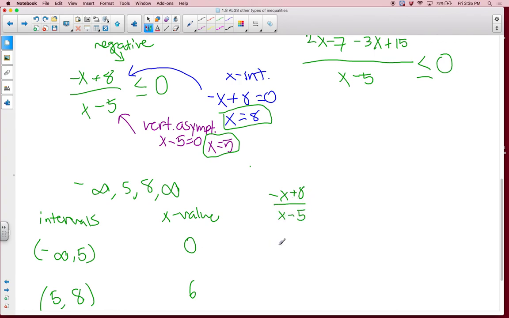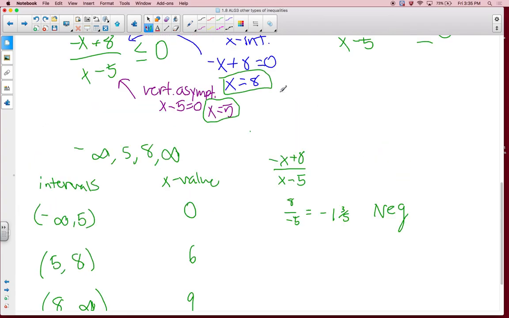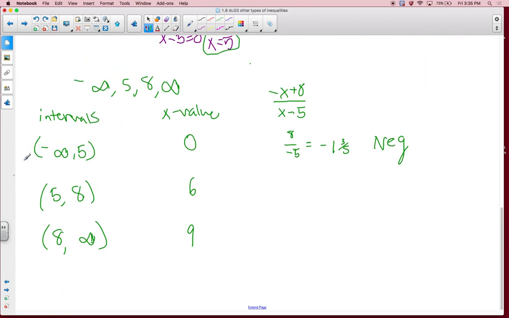Plugging this in, we have 0 plus 8 is 8 over negative 5. That is obviously negative, and you can write it out if you want, negative 1 3/5. So it's negative, and we want it to be negative. So that one is good. This is going to be part of our solution.